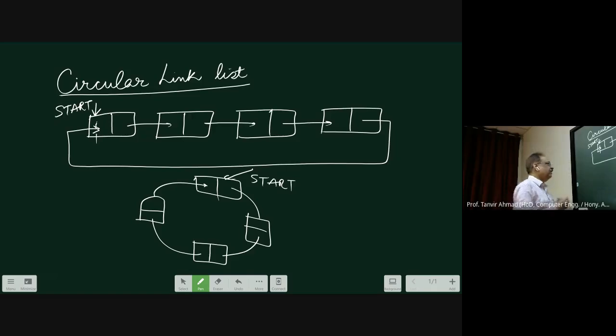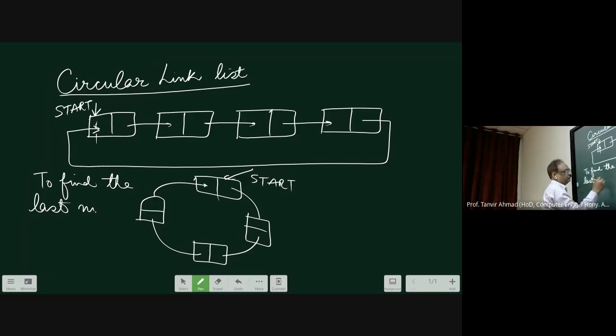Therefore, to find the last node, it will be T of link is not equal to start.